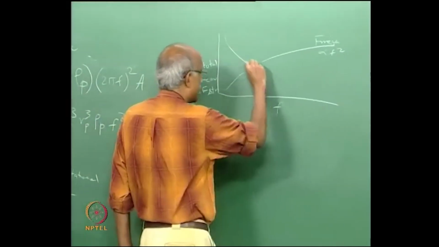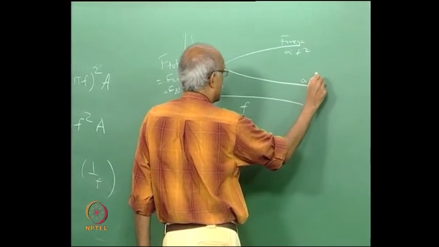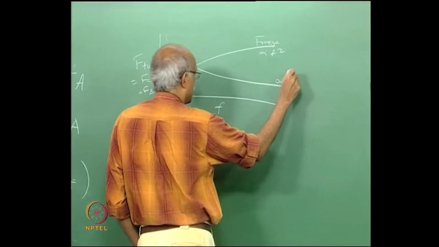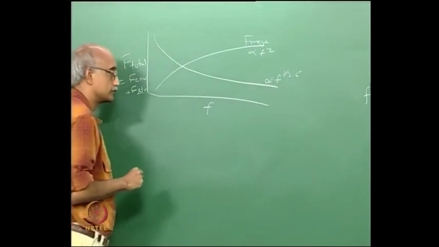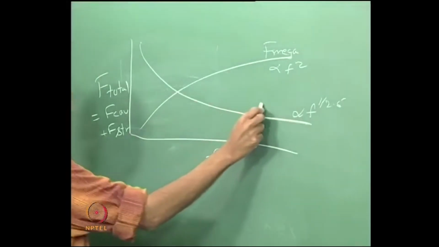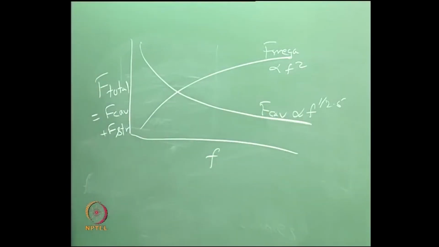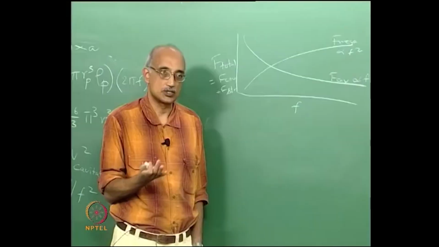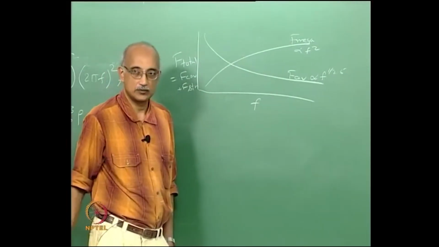But it is in the other direction. So, this goes as roughly f to the power 1 by let us say 2.5. This is the f cavitational. So, f total essentially is a sum of these two. So, when you sum these two, what type of behavior do you think we will see?